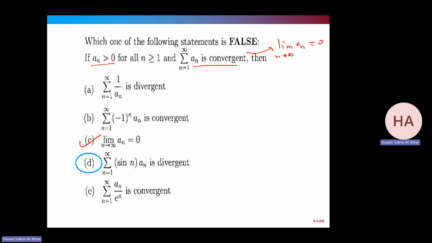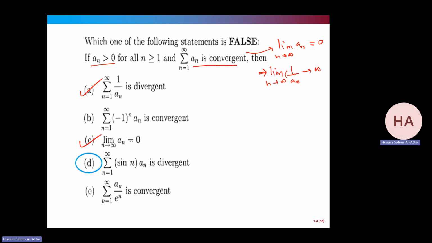1 over an is convergent, divergent. Why? Because if the limit of an goes to 0, what will be the limit of 1 over an? That will go to infinity. So this one, correct.